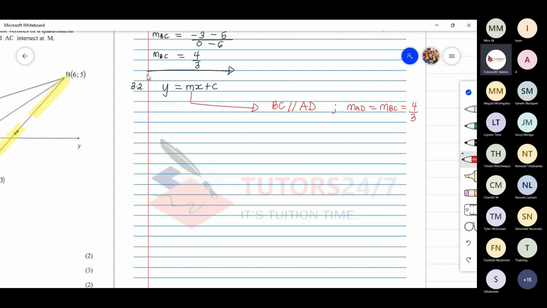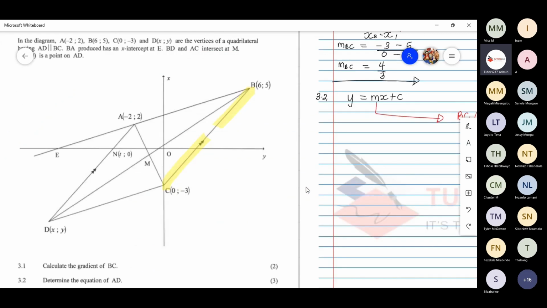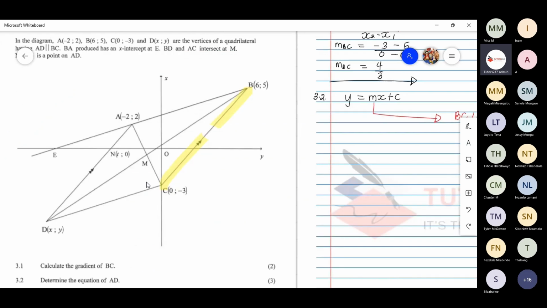It's important, okay? So let us proceed with the question. We've now determined that the gradient of AD is the exact same gradient as BC due to the fact that those two lines are parallel. We also know that the line AD has a coordinate on it, which I believe was -2 and 2. Yes.